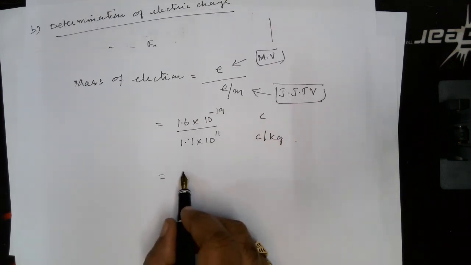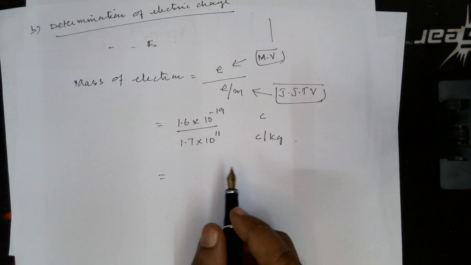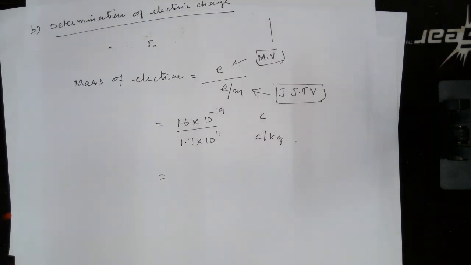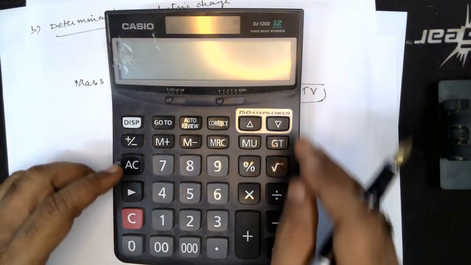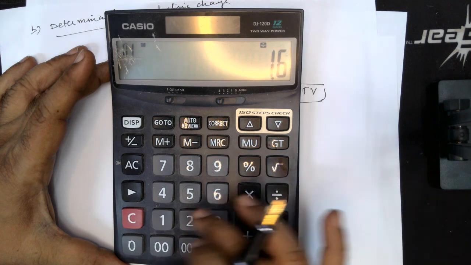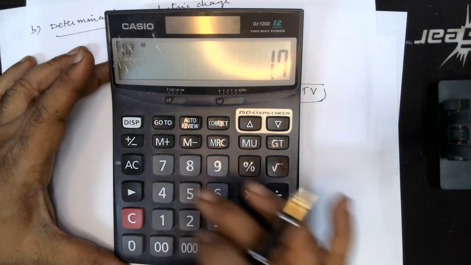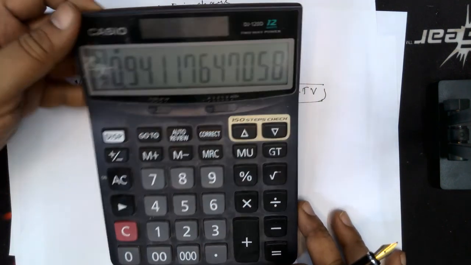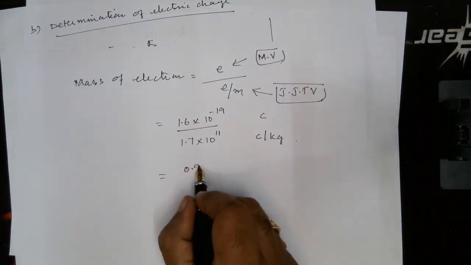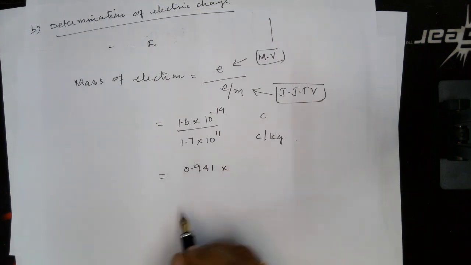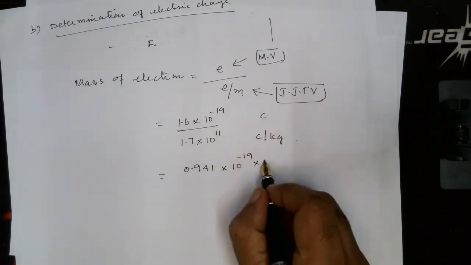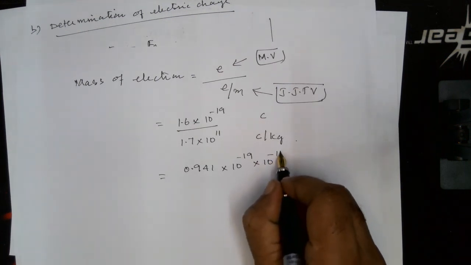So 1.6 divided by 1.7, 0.941 into 10 power minus 19, this becomes 10 power minus 11, is it not?